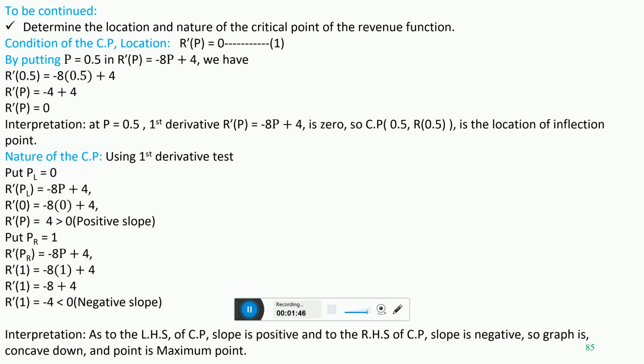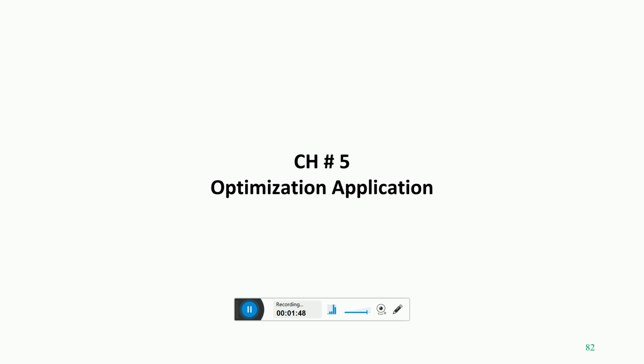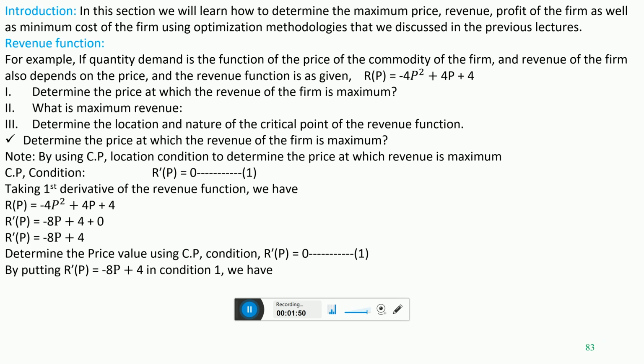So in optimization application we will use all these optimization methodologies to determine the maximum price of the commodity of the company, to determine the maximum revenue of the company.